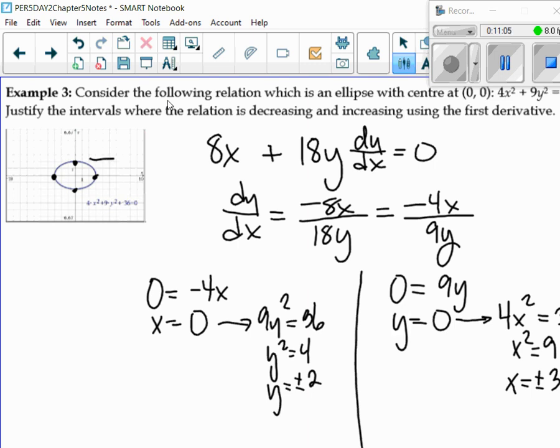Okay, what's something between (3, 0) and (0, negative 2) there? (1, negative 1). So (1, negative 1), what do I get there? Positive. Okay. Then pick something between. So basically you just have to pick.